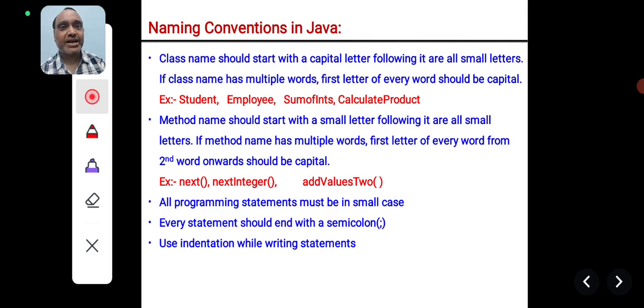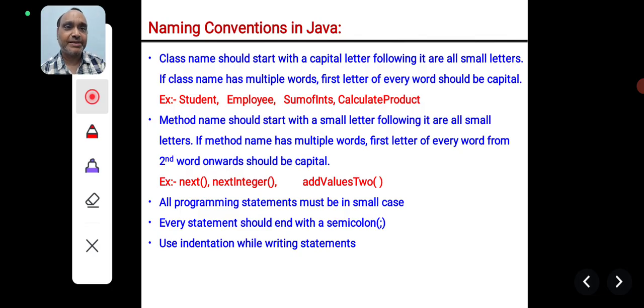If the class name contains multiple words, then the first letter of every word must be written in capital letter. These are the examples. Suppose you are defining a Student class, in Student, S must be written in capital letter. Suppose you are defining a class with the name Employee, Employee is one word, so E must be capital.